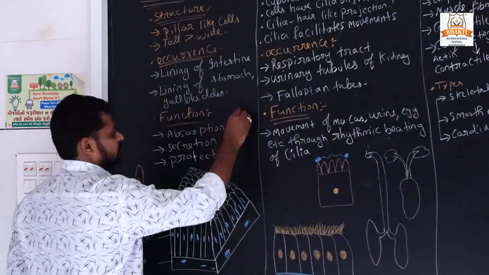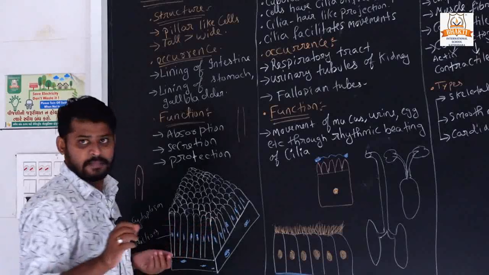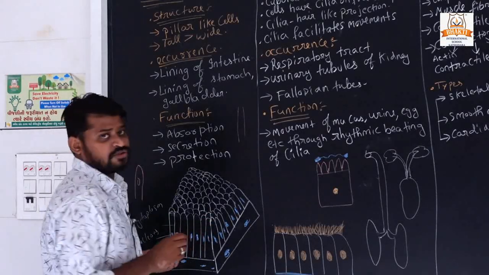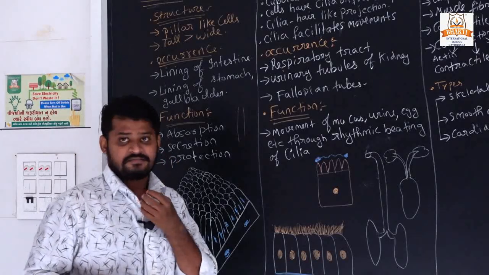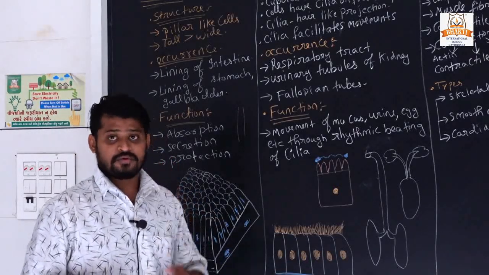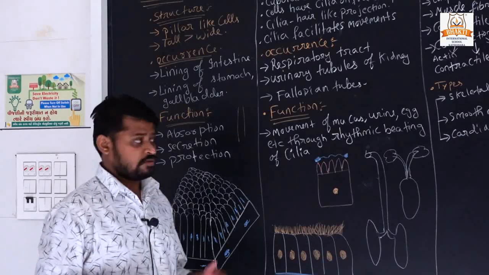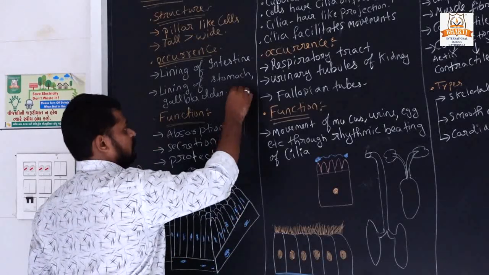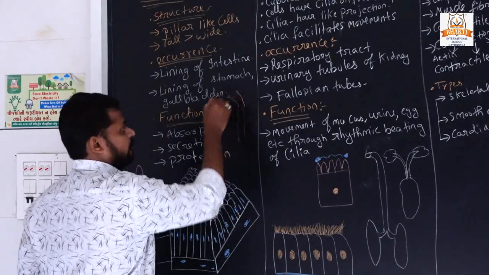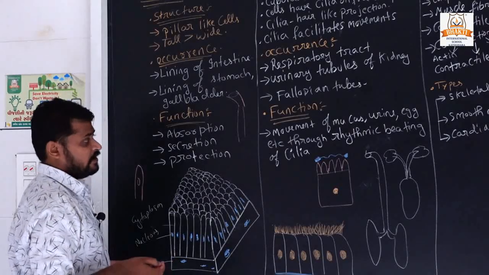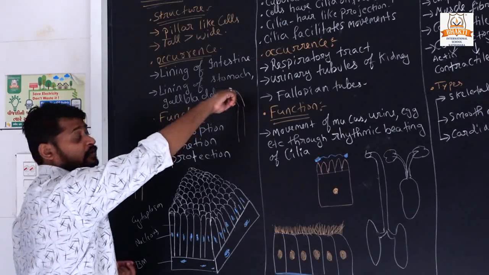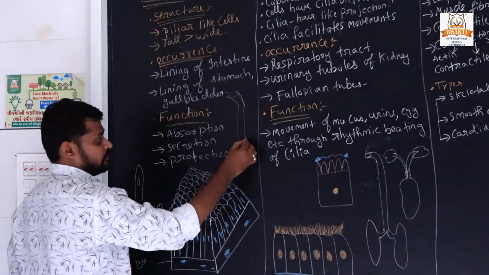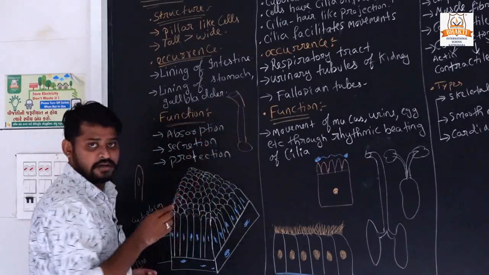Take the oesophagus. What is the oesophagus? It is the path from the mouth to the stomach. The buccal cavity is where we eat anything, and it takes the food and sends it to the stomach.